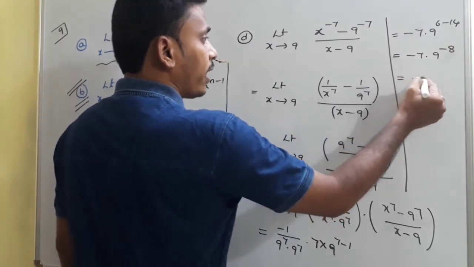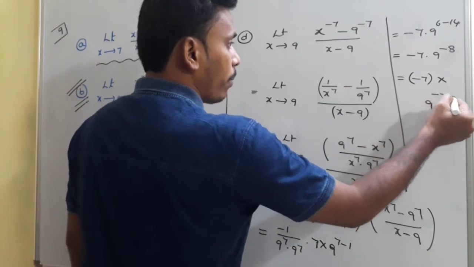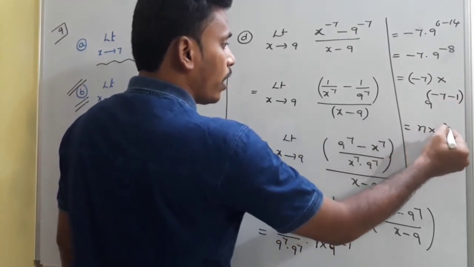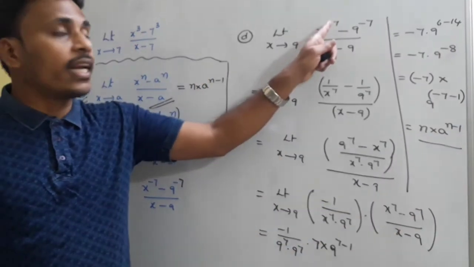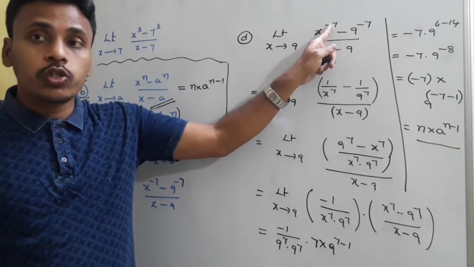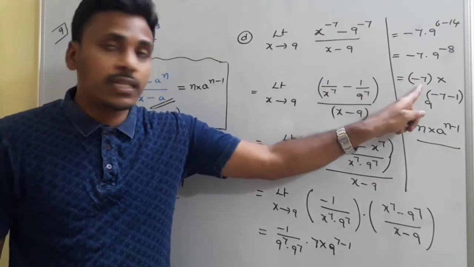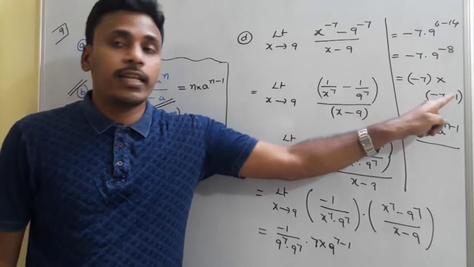I will rewrite it like this: minus 7 into 9 power minus 7 minus 1. So this is of the format n into a to the power n minus 1. So even if n is a negative integer, at the end my answer is of the format minus 7 into this a, 9, to the power that n minus 1.